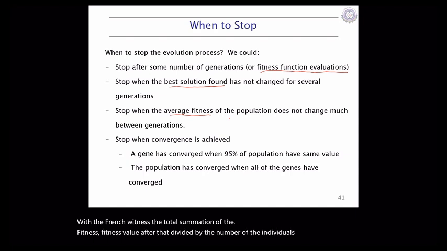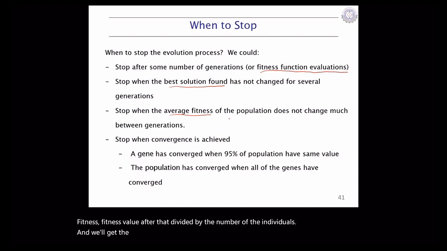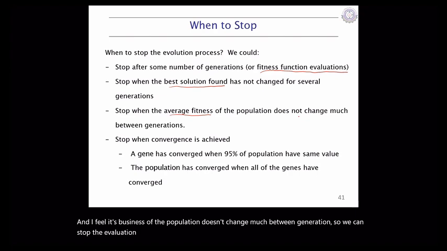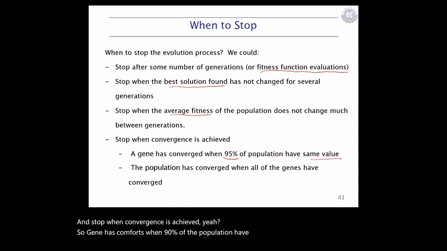And if the average fitness of the population doesn't change much between generations, we can stop the evolution process, and stop when convergence is achieved. A gene has converged when 90% of the population have the same value, and the population has converged when all the genes have converged.